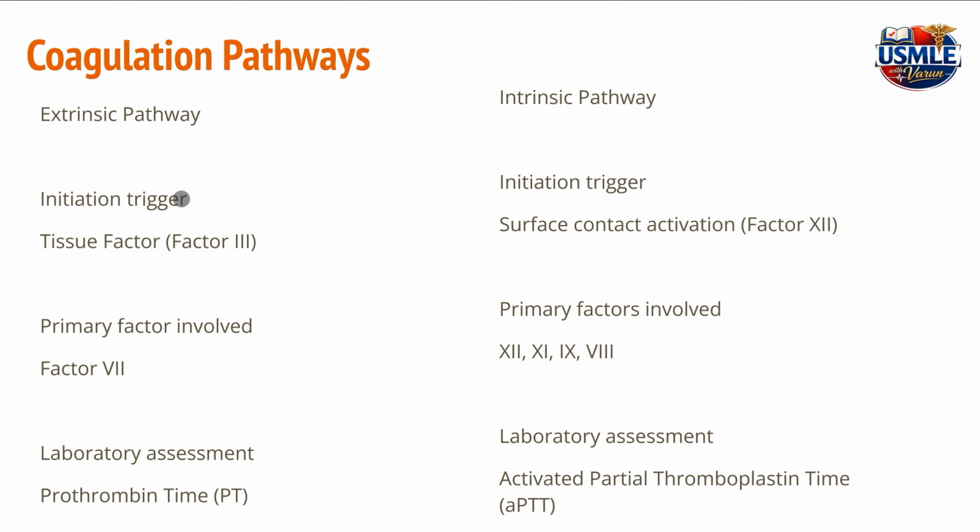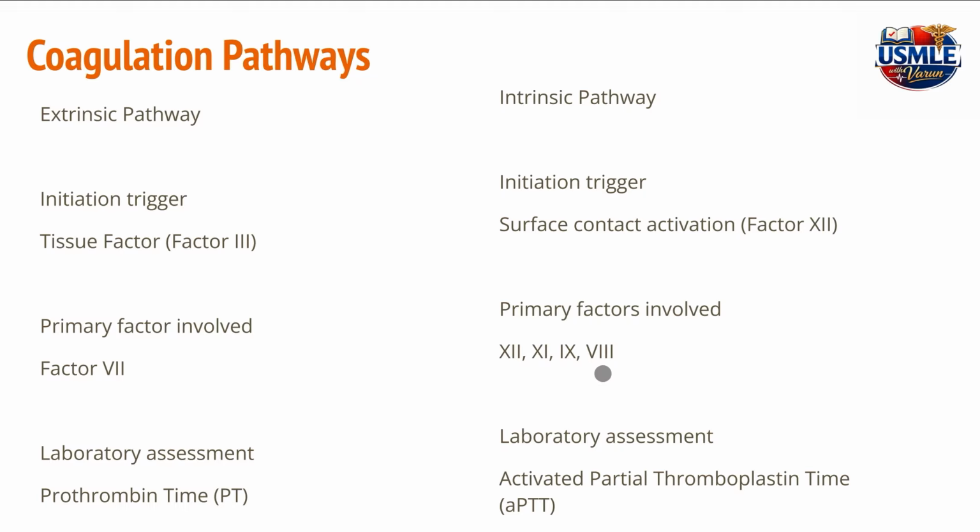The extrinsic pathway is triggered by tissue factor and involves factor 7. It is measured by the prothrombin time. The intrinsic pathway is activated by surface contact activation, and this involves factors 12, 11, 9, and 8 in the same order.